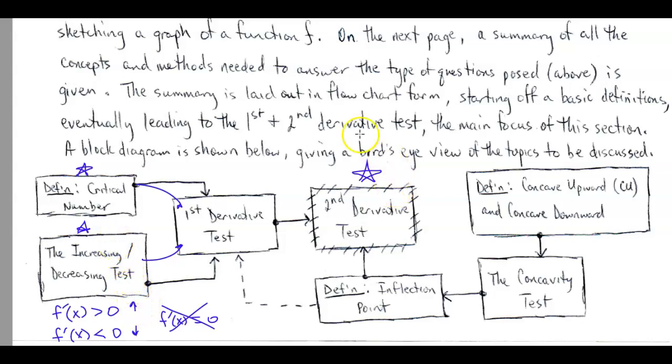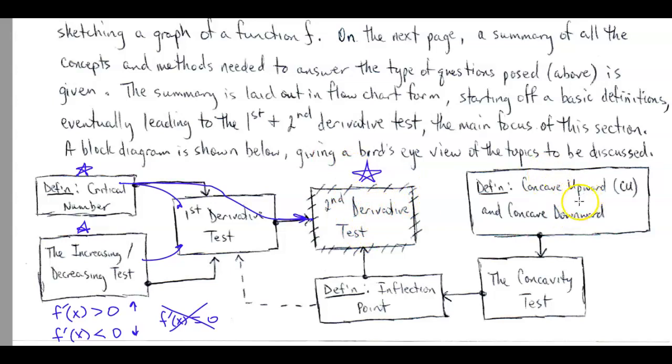Okay. Now for the second derivative test, part of the reason why I have this arrow here is because we're using this concept of the critical value, and that's flowing through to the second derivative test. So we're going to have to be able to find critical values to be able to employ the second derivative test properly.